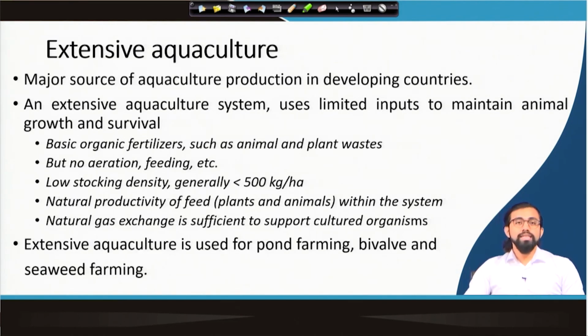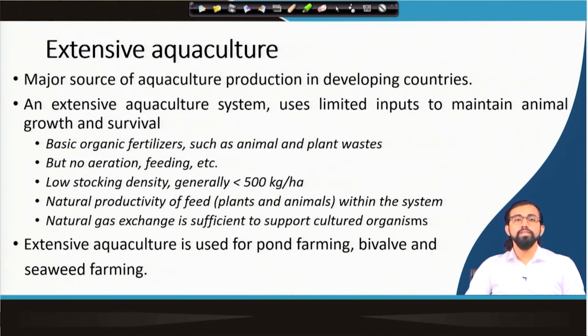So, the first one is the extensive aquaculture. Earlier days people used to do aquaculture, even in developing countries nowadays, like in India also, in a large pond or a small lake, where we normally provide the seed, introducing the seed into the system.